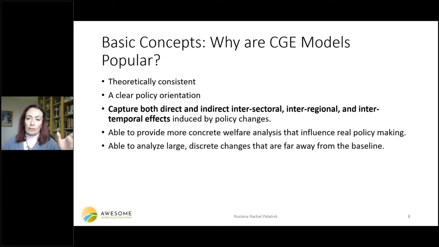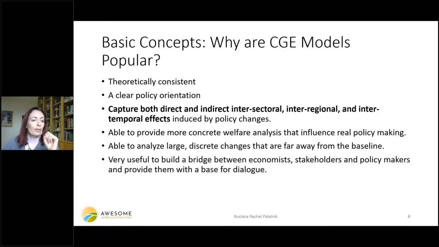And this is important: minor changes are overshot in these models, but some large economic impacts are definitely well analyzed by these models, as we will see. These models are also very useful to build a bridge between economists, stakeholders, and policymakers, and provide them with a base for dialogue.